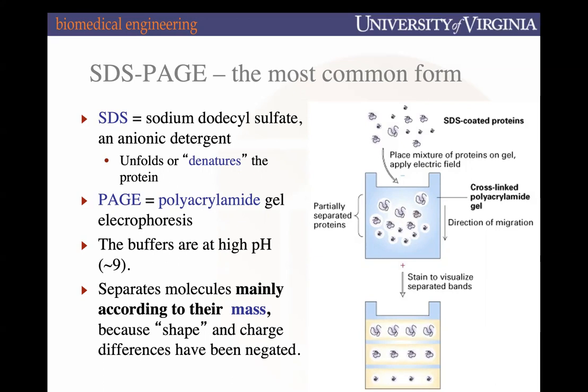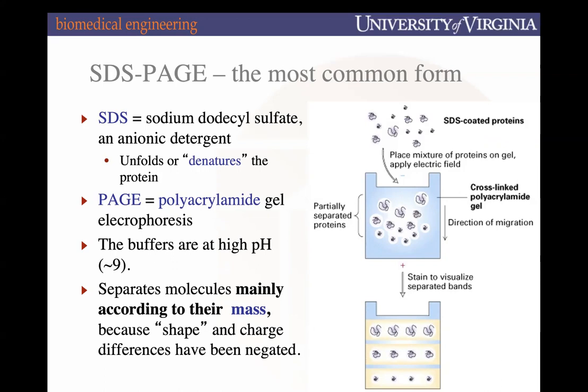We do a couple things here. We'll actually first try and denature the protein. Denaturing means basically trying to unfold it, unravel the protein, so that we can make it as linear as possible, so we can have every part of the protein available to bind to or to try and detect. So we'll first denature or unfold the protein.